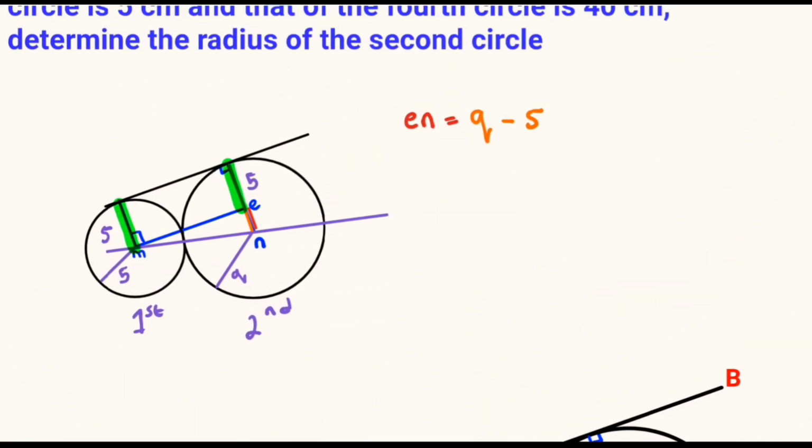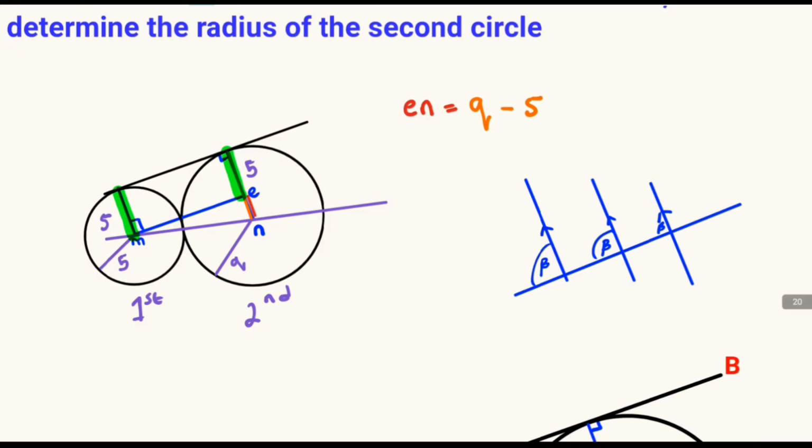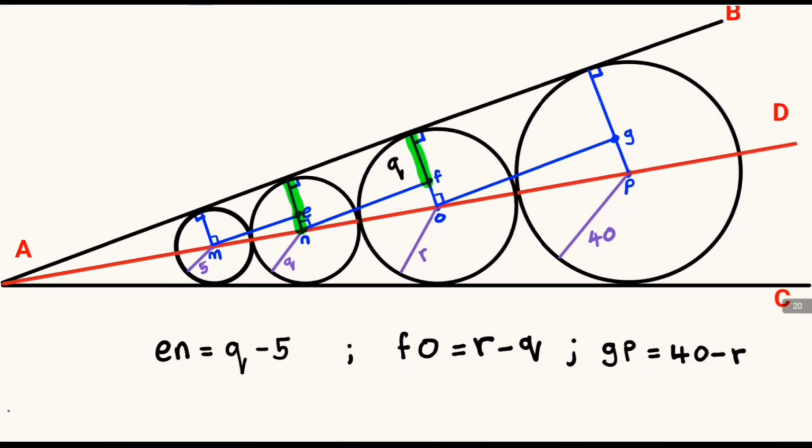Suppose we have three lines which are parallel to each other, and we have a line cutting through the three lines. So if that angle there is beta, that angle will also be equal to beta. Same applies to that angle. In our case, we have the radii which are tangent to AB parallel to each other.